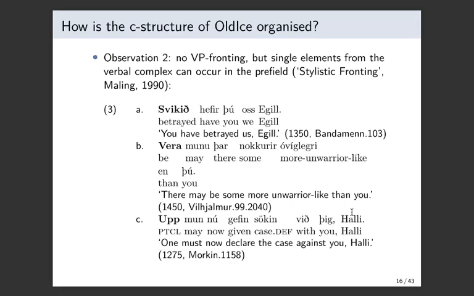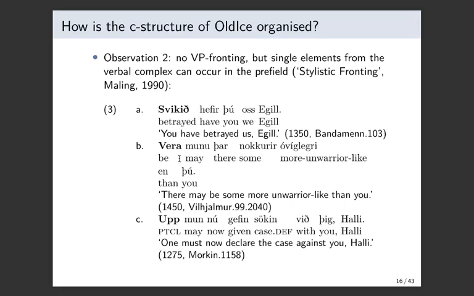The second observation is that we don't get VP fronting, as we said before, but you do get cases where single elements from the verbal complex can occur in the prefield. And this is really stylistic fronting, as described for modern Icelandic before by Maling. So in 3A, we have a past participle in the prefield.